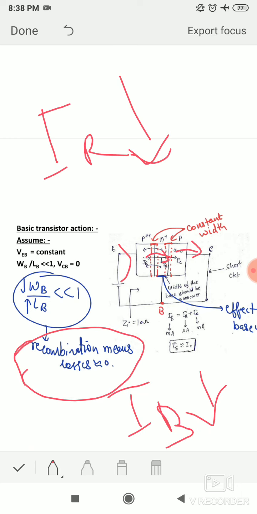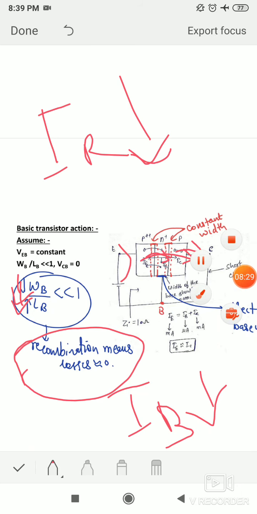The recombination process only decreases when the effective base width decreases, so that the holes directly move to the collector. No losses occur. The main point is that we should decrease the base width.